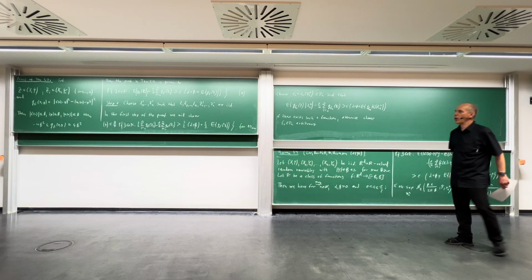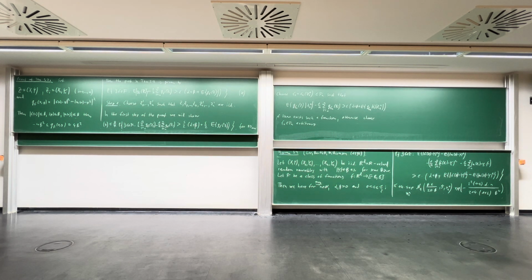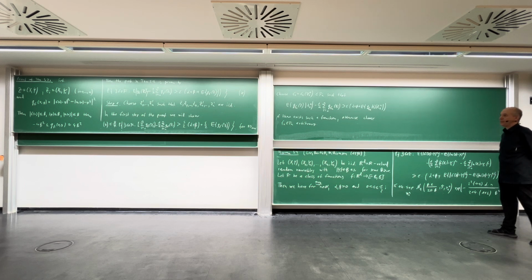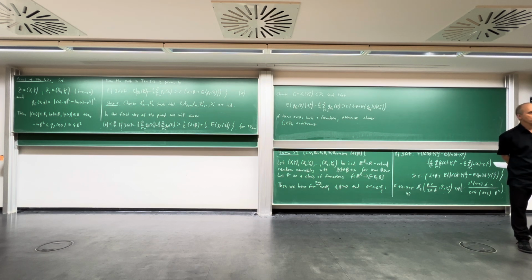Which means that this probability star is just the same as if I plug in here fn instead of f and forget about the existence of the f and fn. And of course, I replace the expectations by conditional expectations.